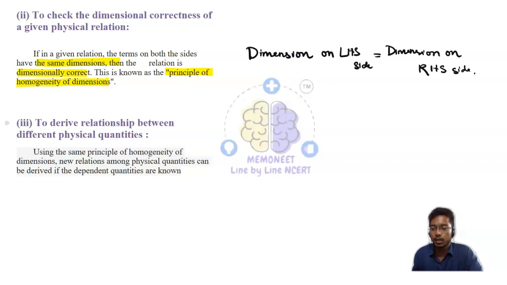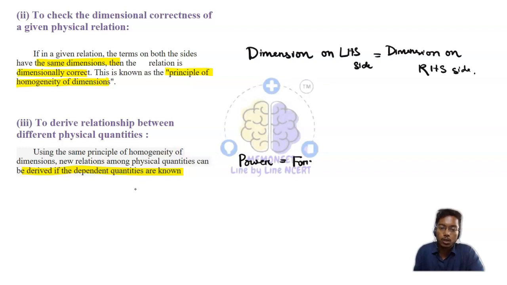Then the third one is to derive relationships between different physical quantities using the same principle of homogeneity of dimension. New relations among physical quantities can be derived if the dependent quantities are known. Let's say we have power. What is the formula of power?